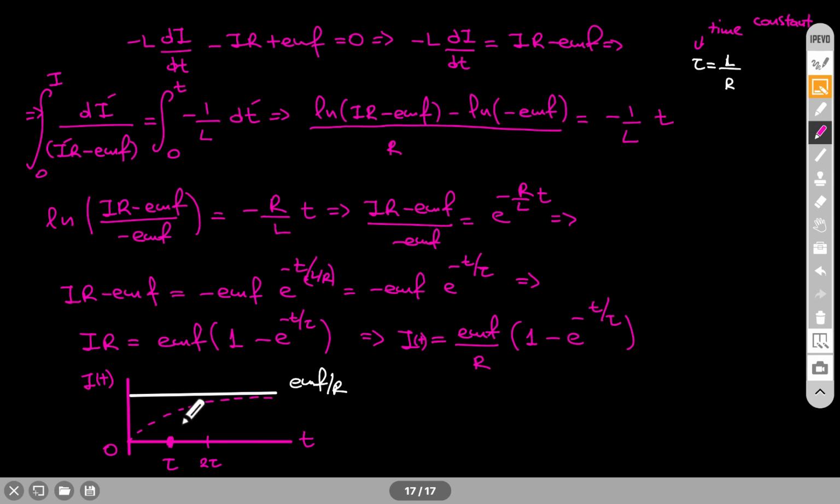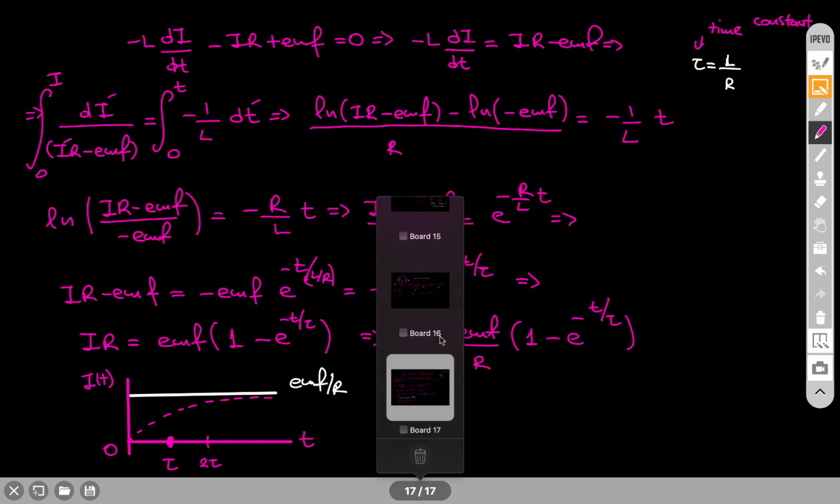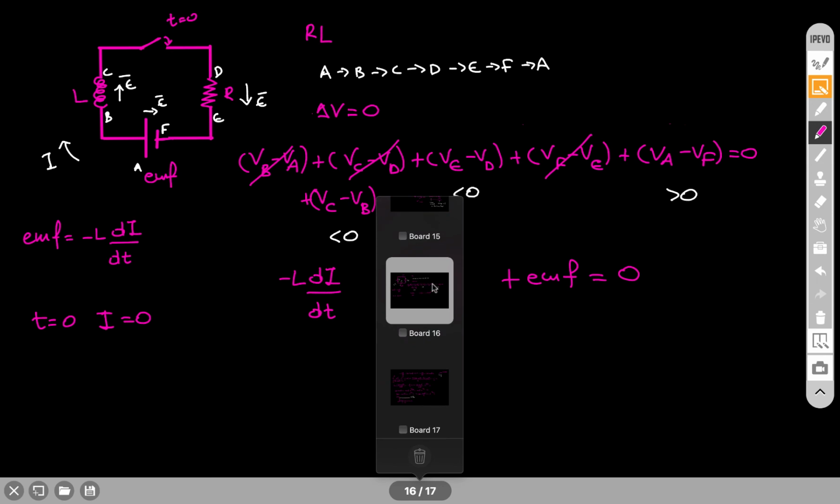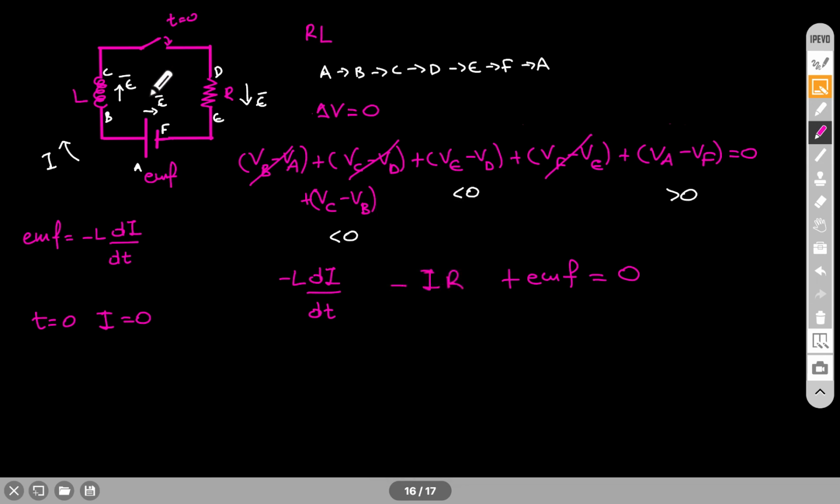You can think of a circuit where somehow you do have a current flowing in the circuit, and then you remove the power source, let's say you somehow bring a wire and you connect point B with point E, then you're going to bypass the power source.